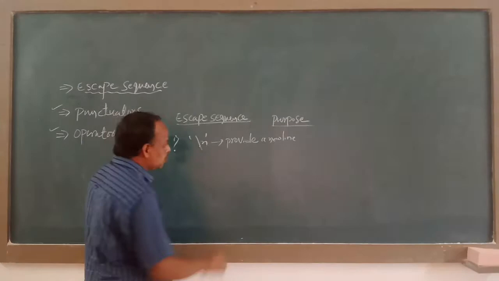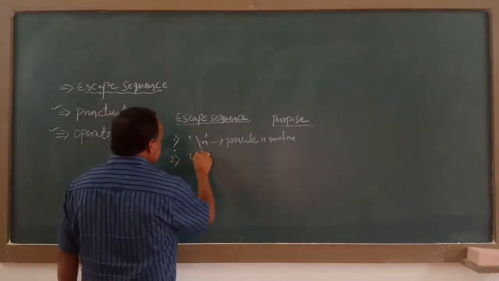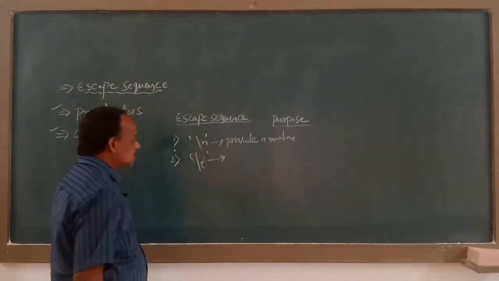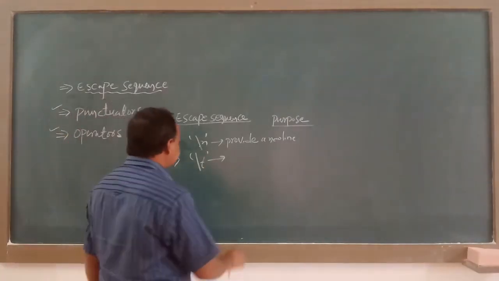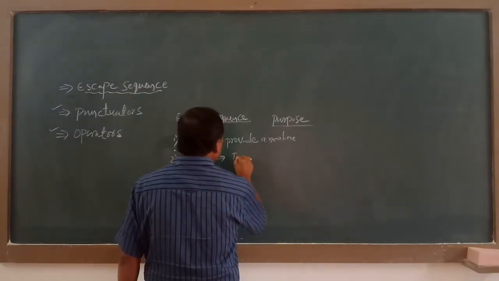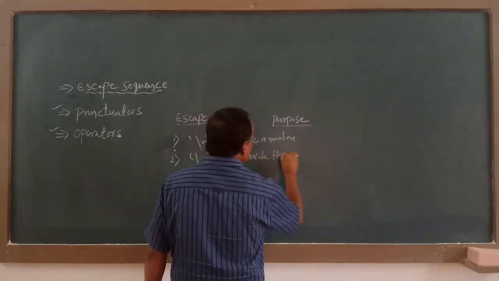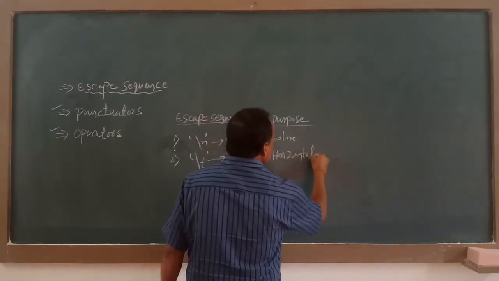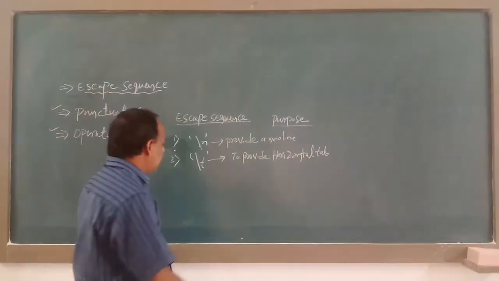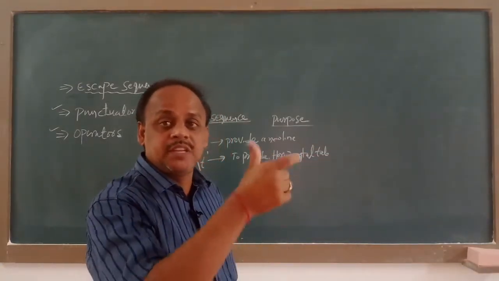This is used to provide a new line. Next, \t. What is the purpose of this escape sequence? \t is a horizontal tab. Our aim is to provide some space between two words.